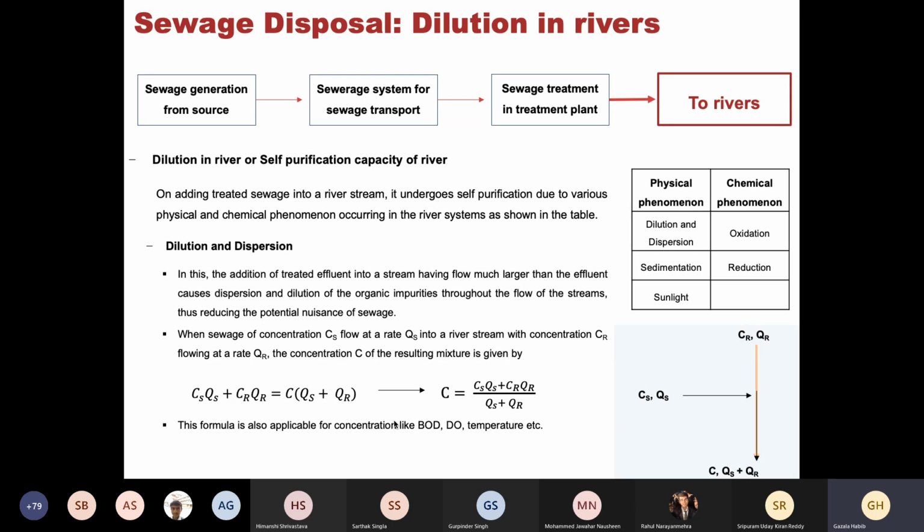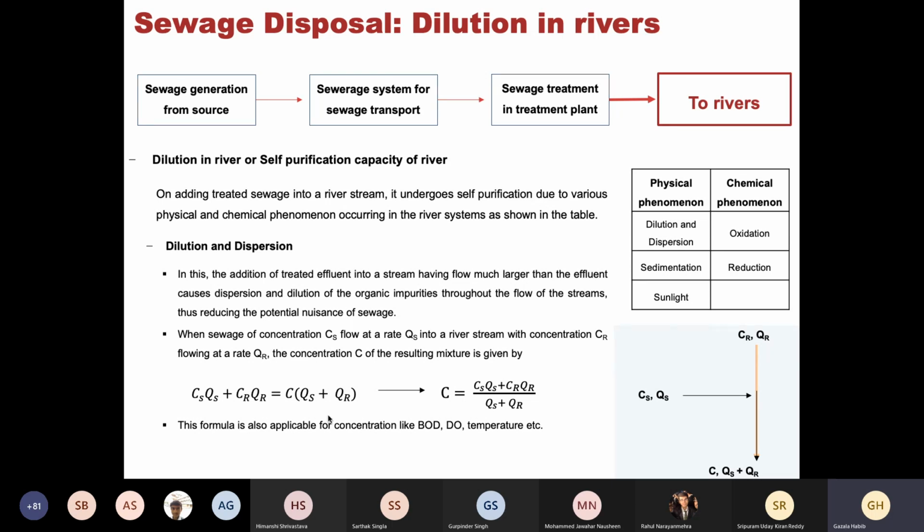The different processes that may happen in the river are dilution and dispersion, which is a physical process, then sedimentation, where some of the suspended solids which remain in the sewage will settle. There would also be some purification because of sunlight, and some chemical reactions, oxidation and reduction, will happen in the river.